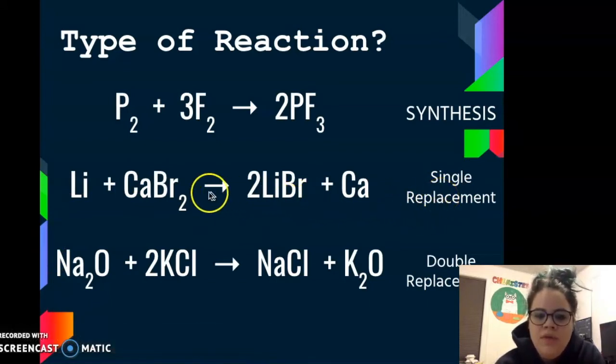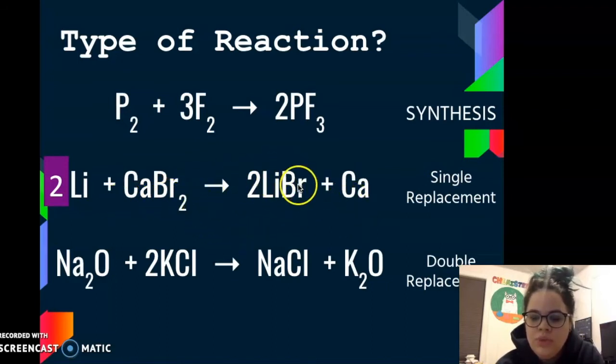If you look carefully, lithium, I start with 1 here, but this coefficient means that I have 2 in my products, meaning that I also need a number 2 here at the beginning. 2 lithiums, 1 calcium, 2 bromines, and 2 bromines. Okay, if you want help practicing balancing equations, there will be some more on your classwork today, and it's definitely something that you can come and I can just make up problems for in office hours.